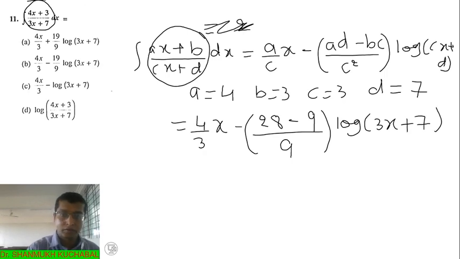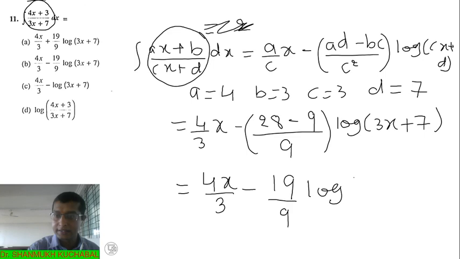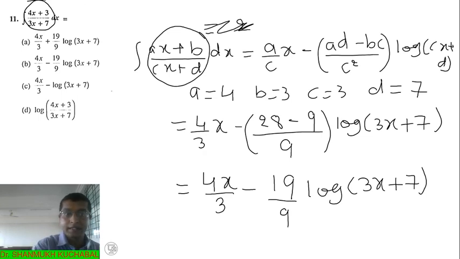Further simplifying, we get 4x divided by 3 minus (28 minus 9, that is 19) divided by 9 log of 3x plus 7. So option B is the right answer.